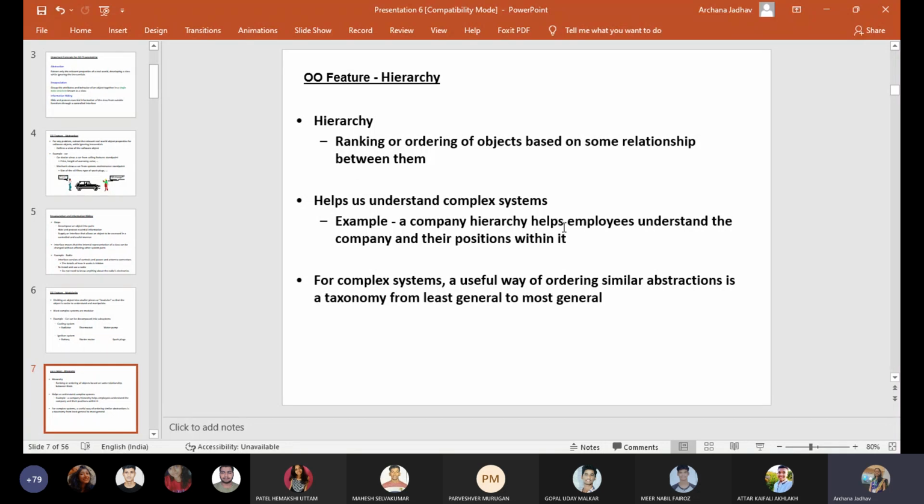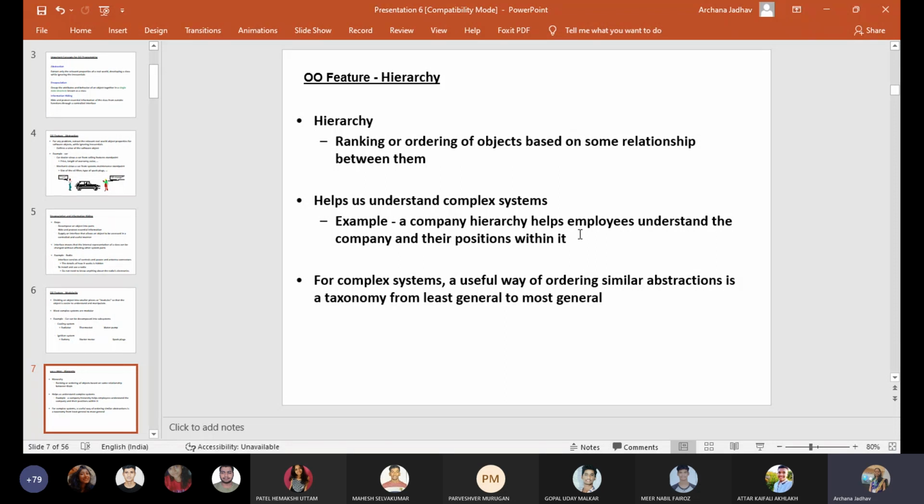See here, a company hierarchy helps employees understand the company and their position within it. Always you will have the CEO at the top of all the employees of the company. The CEO is always the top position in that organization. Yes or no? Yes, ma'am. Below that CEO, you may have a managing director, or anything else.